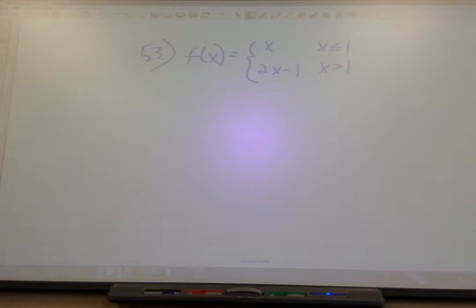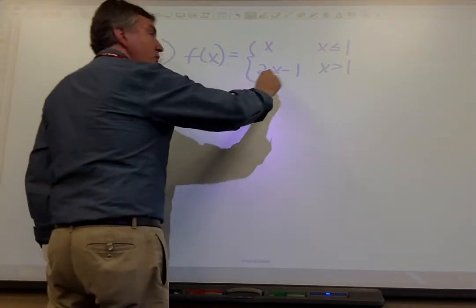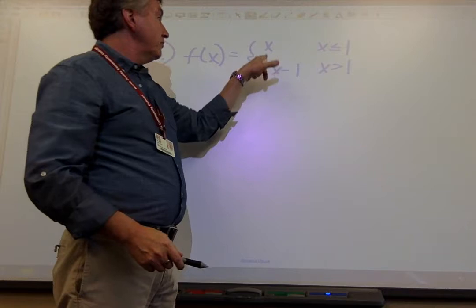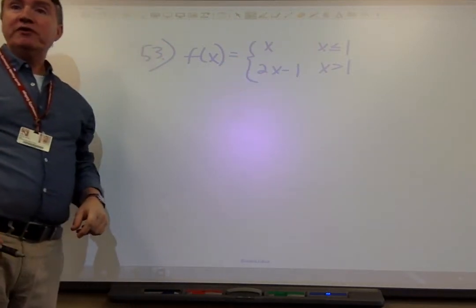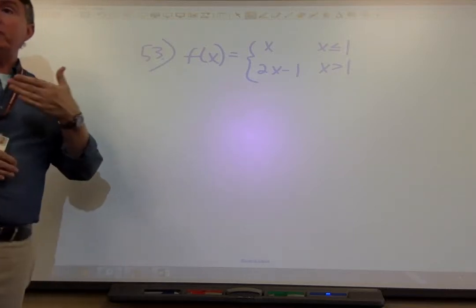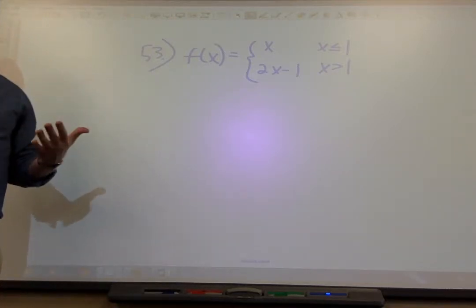They're saying find the values for which each function is continuous. Well, let's first think, where could it be discontinuous? If these were just alone, they would be continuous everywhere, wouldn't they? But what I'm afraid of is where it splits at 1, where those two pieces split. I would want to test that.